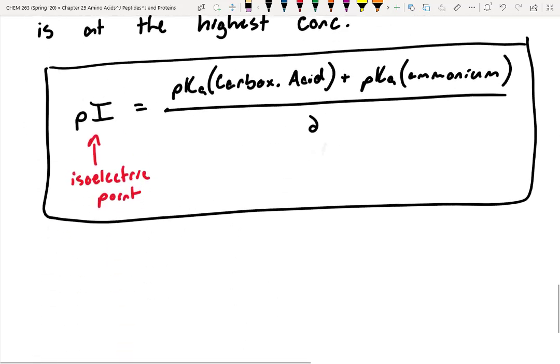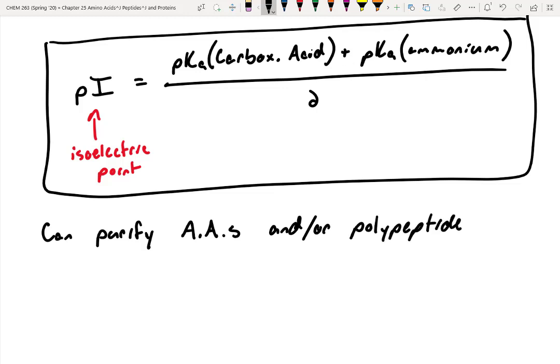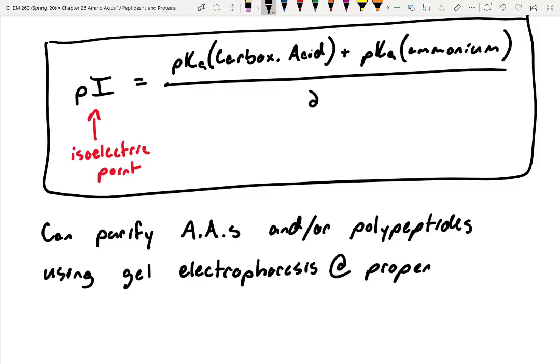So that was going to be my last point, is that we can purify these amino acids, AAs, and or polypeptides, using gel electrophoresis at a proper pH.